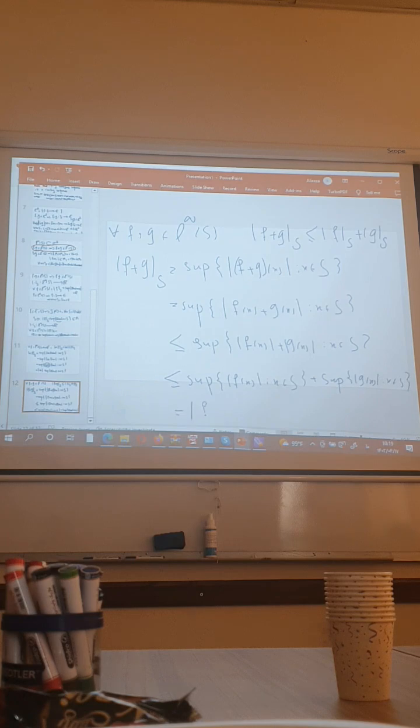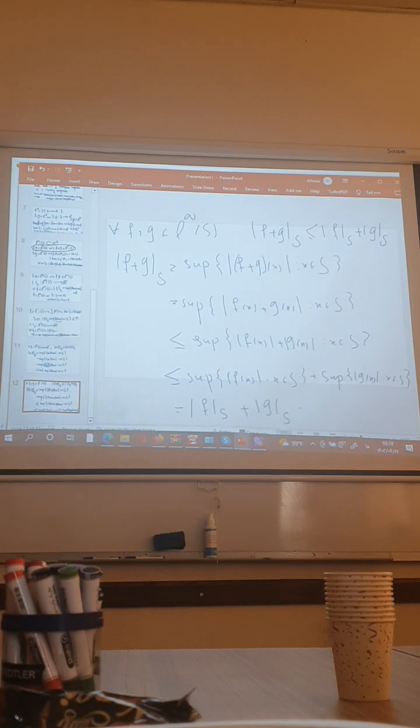The first is the norm of f, the second is the norm of g.